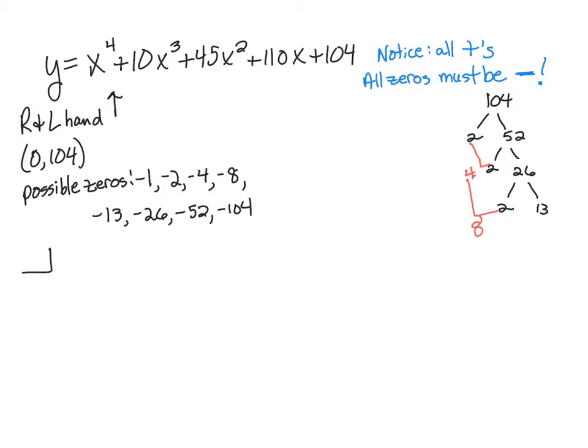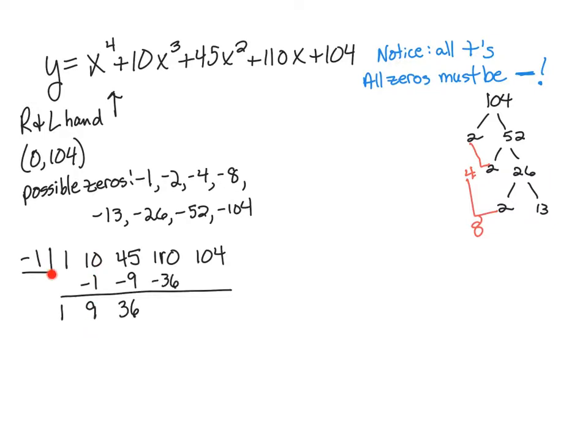All right, so I'm going to put in the -1 first. I have a 4, 3, 2, 1, and a constant, so nothing's missing. I don't need any zeros. Just copying down my coefficients. Same process: pull the first guy down, multiply, add, multiply, add, multiply, add, multiply.